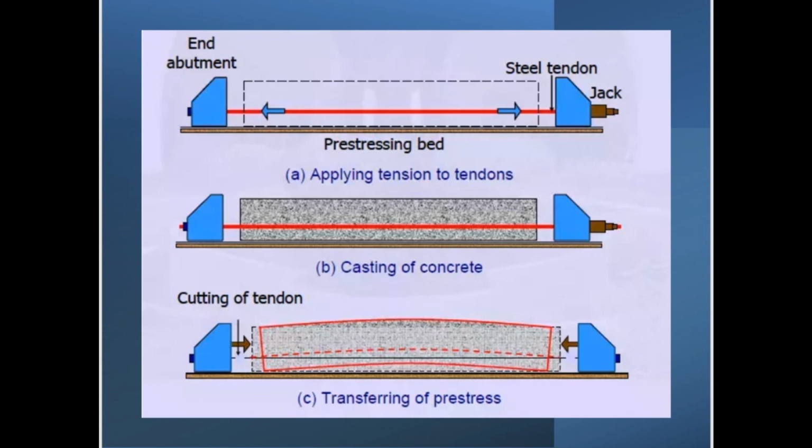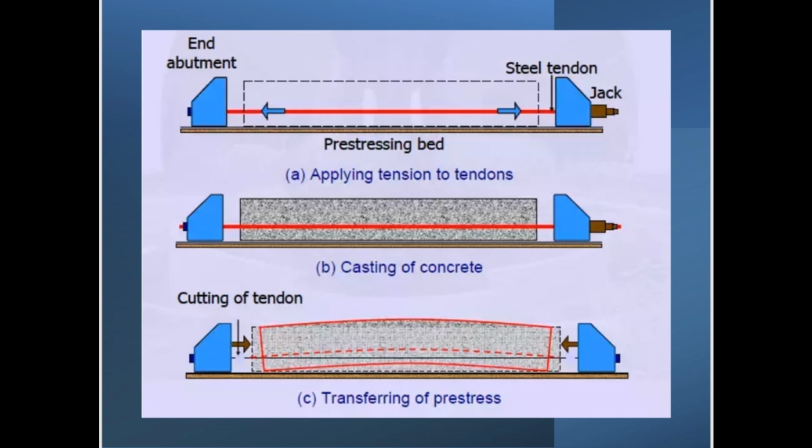But the second step is, after pre-stressing, we pour concrete into the mold. The dotted line is nothing but a beam mold. The first step is pre-stressing the tendon, the second step is pouring the concrete.